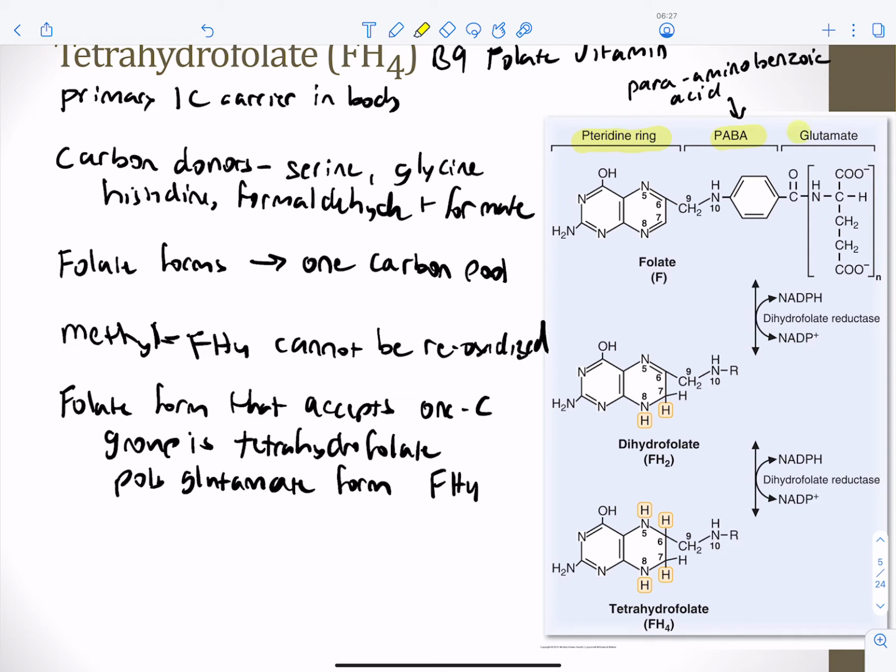And then you have your glutamate. And those are going to be joined by an amide linkage. So here's the linkage for the glutamate. Now, again, when the term folic acid or folate is applied, it's the most oxidized form of the pyridine ring. And most of the folate present in the body is present as the reduced coenzyme form of tetrahydrofolate, FH4.